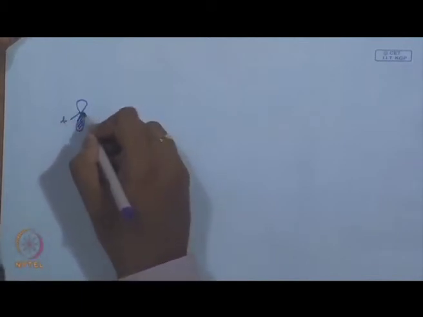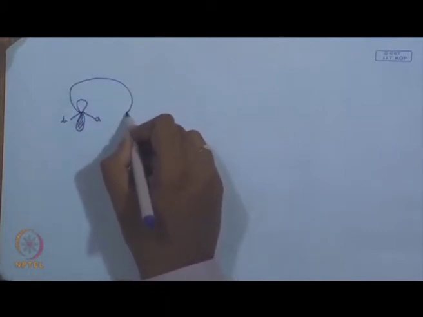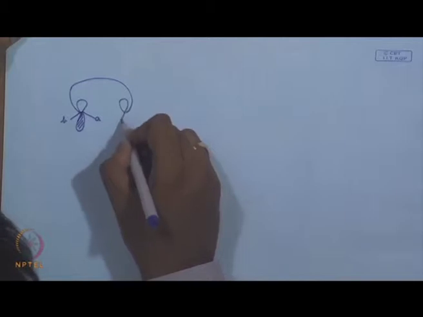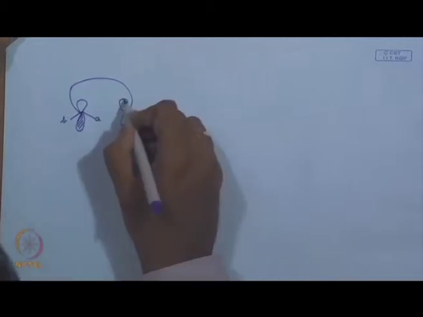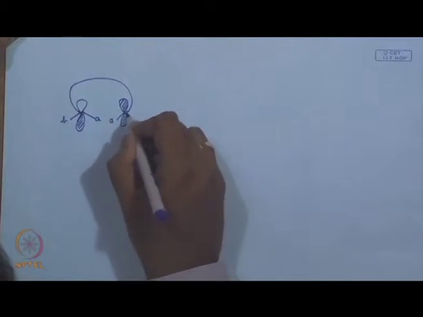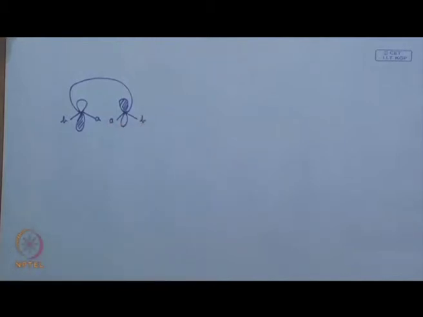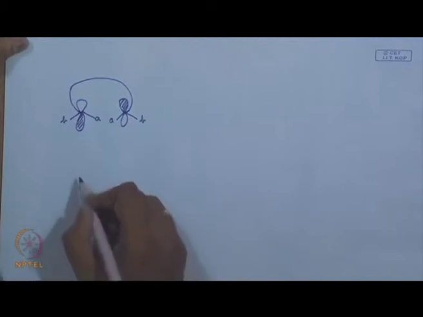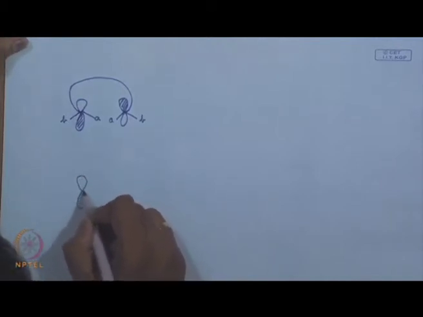Now, we will take another system, the same way. If I get a scenario like this, I have a system like this. Again, you can think about your two possibilities.